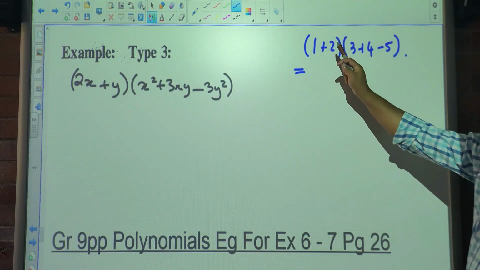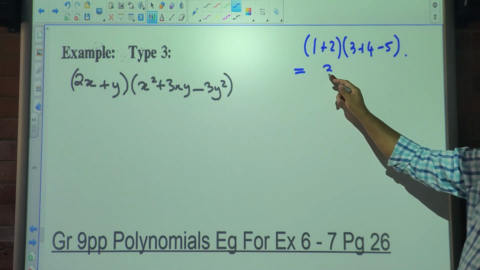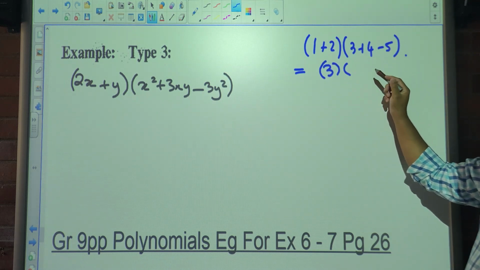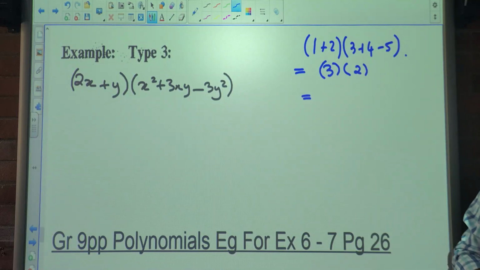So what is 1 plus 2? 3. And 3 must be multiplied by 3 plus 4 is 7, and 7 minus 5 is 2. And what is 3 multiplied by 2? 6. So that is doing commutative law first.